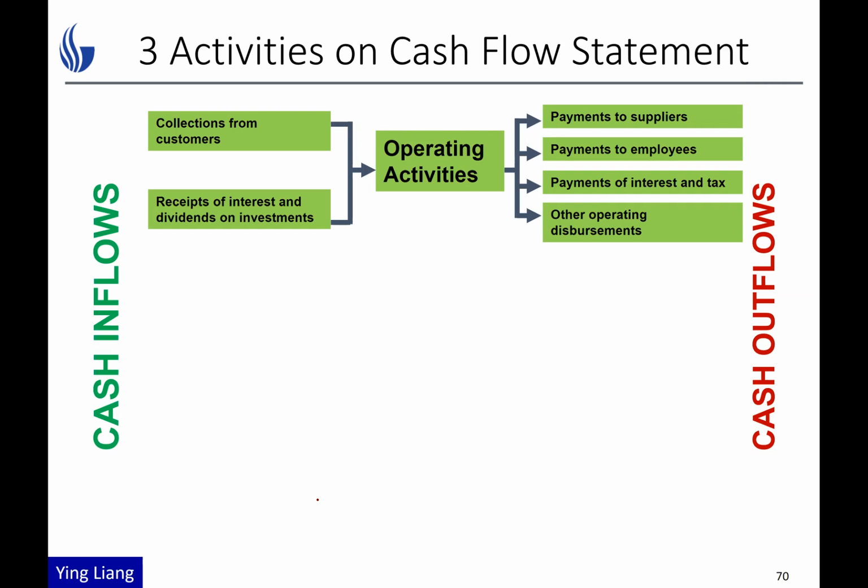Why do I say that? For example, in the cash inflows, the first one on the left is collection from customers. When we collect cash from customers, that is an operating activity. What is the related item in the income statement that's also related to customers?